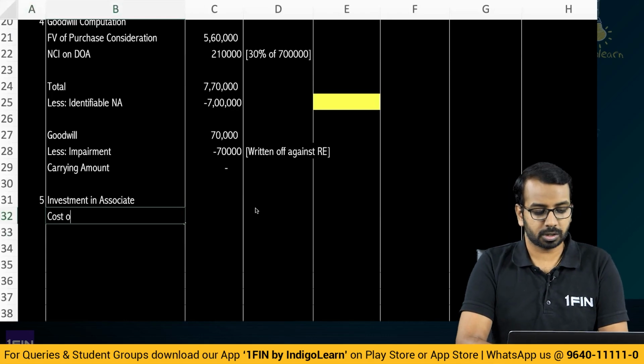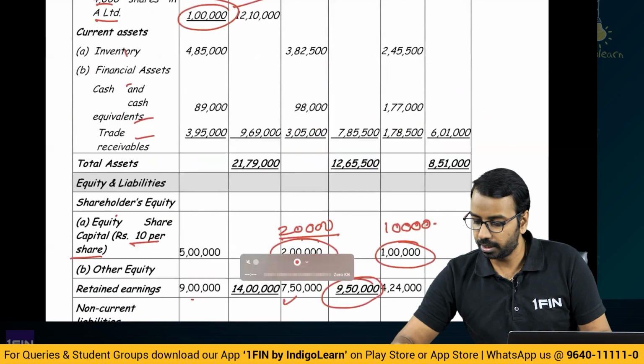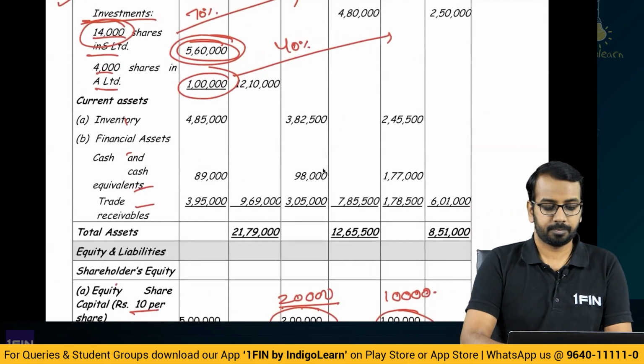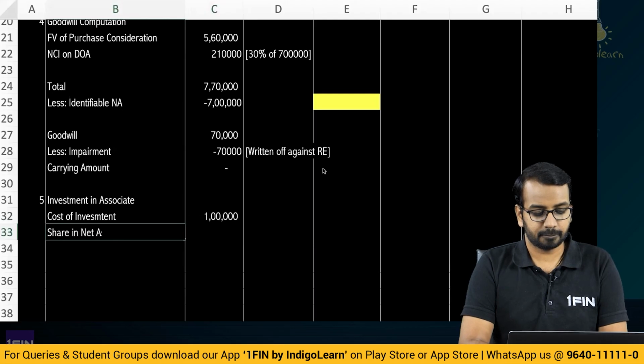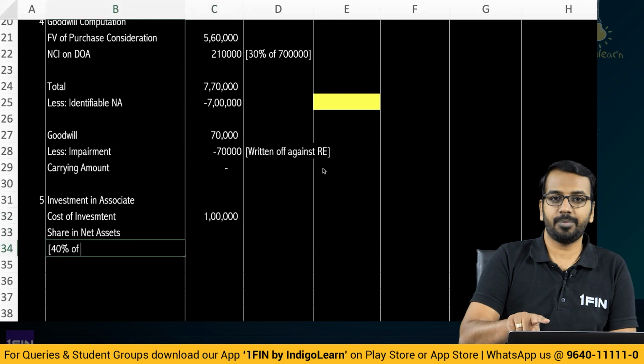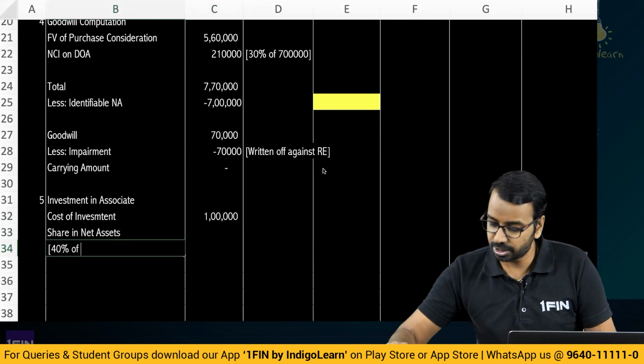So, what is the cost of investment? Cost of investment, if we see, they have given to us to be 1 lakh. Right? What is the share in net assets? Now, share in net assets is 40% of equity share capital plus retained earnings on the date of acquisition. How much is equity share capital?